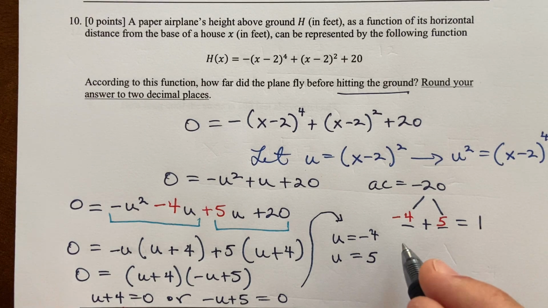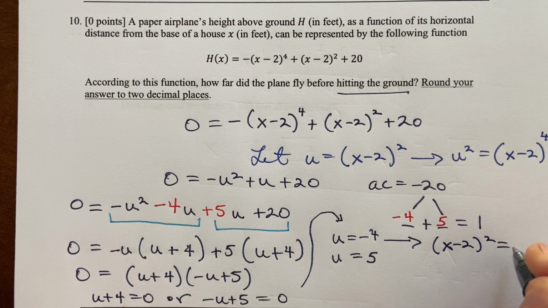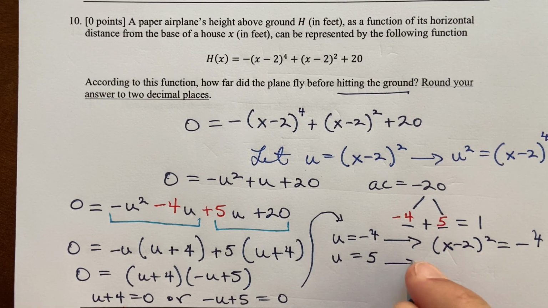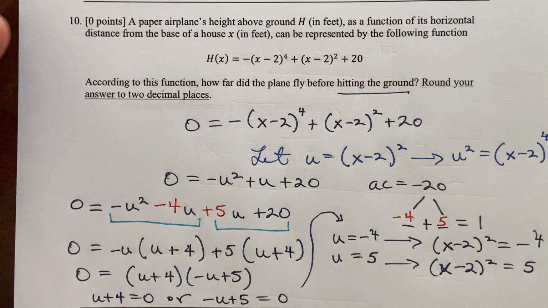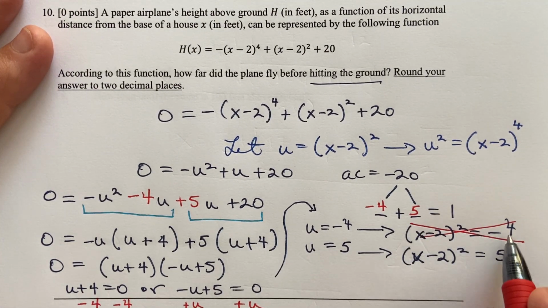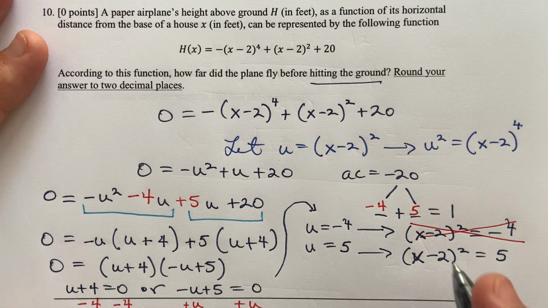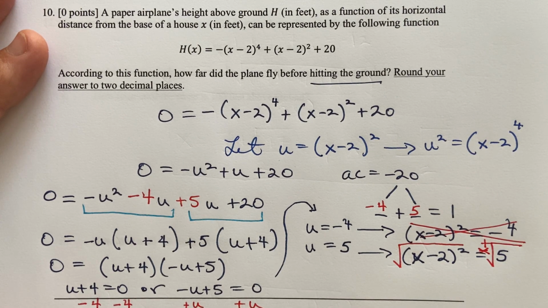So I'll have x minus 2 all squared equals negative 4, and from this one, x minus 2 squared equals 5. This one will not be real. That's an imaginary solution. Something squared equals negative, that's not real at all. Take the square root of this one, plus and minus technically, but then I'm going to throw out the minus since this is distance.